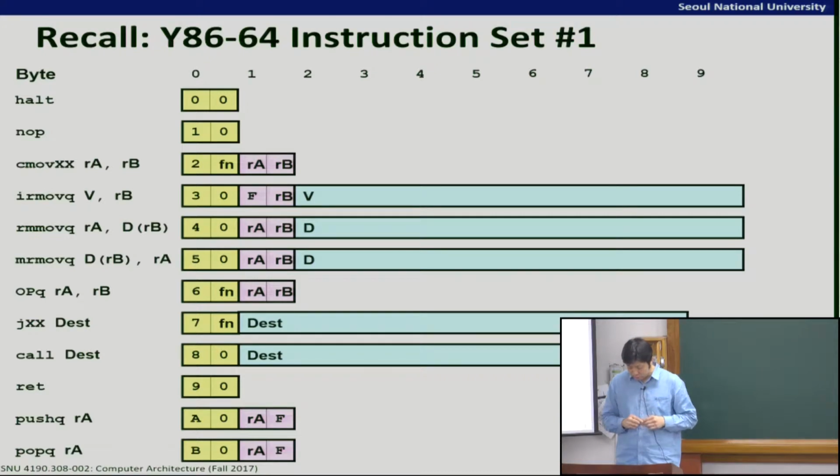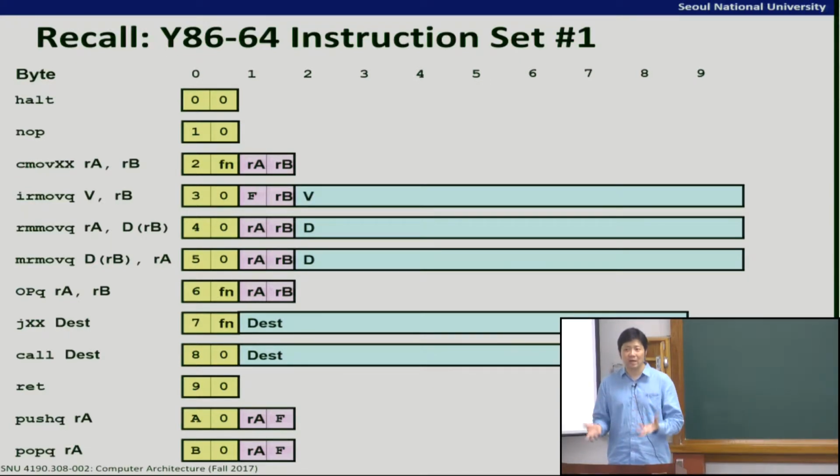And jump, call, return, pushq, and popq. That's all. So these are all the instructions we want to implement. It's a relatively small set. As I said, this is simple enough for us to implement in hardware within a semester, and also complex enough to write some interesting programs using this assembly. So that's a nice balance between the two.